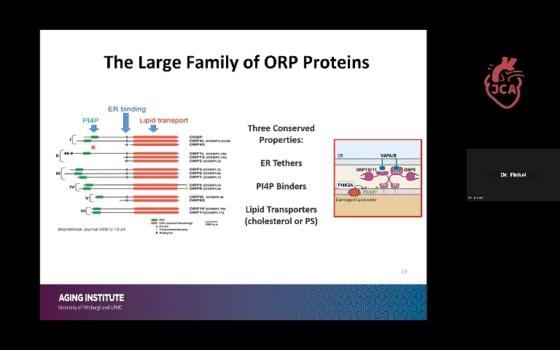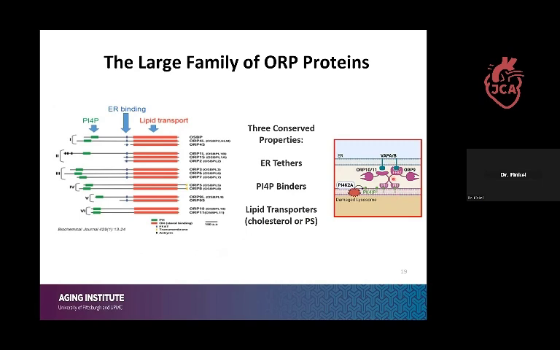So again, the prediction from the domain structure is that you have this damaged lysosome, which has PI4P on it. And these OSBP proteins on one domain can bind PI4P on the lysosome. On the other domain, they can bind the ER through this FFAT domain.